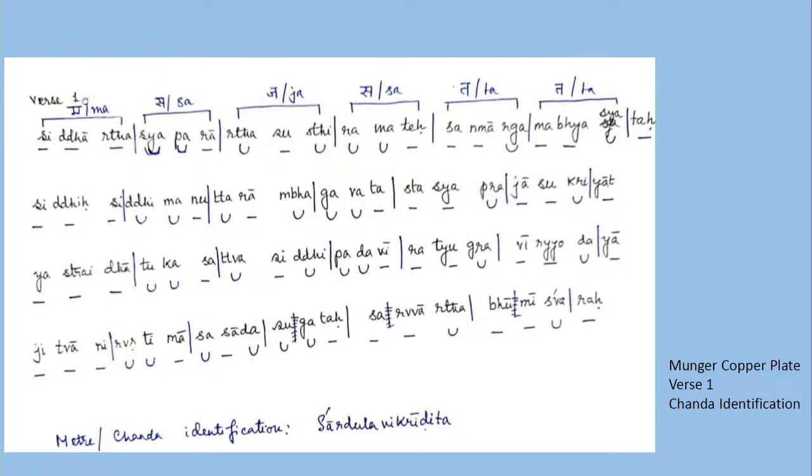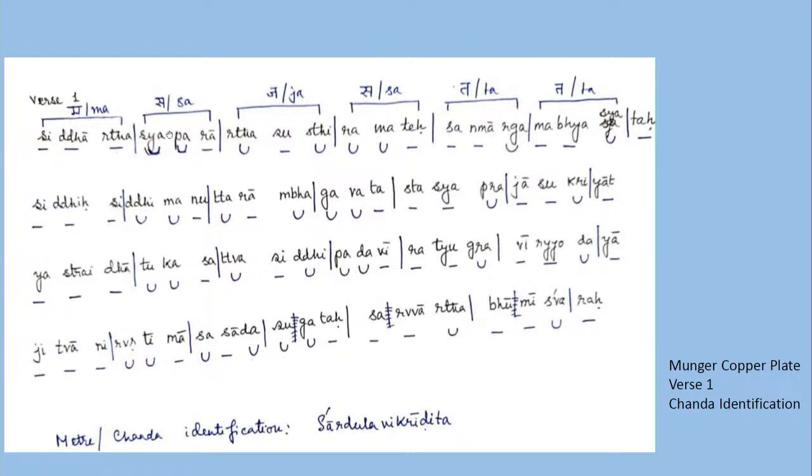So, how to identify them? Here the sequence is Si. Why is Si a Guru swar? Because it is followed by a conjunct, dha. So, Si is Guru, Dha is again Guru because it is a long vowel A. Then Tha. Why is this Guru?